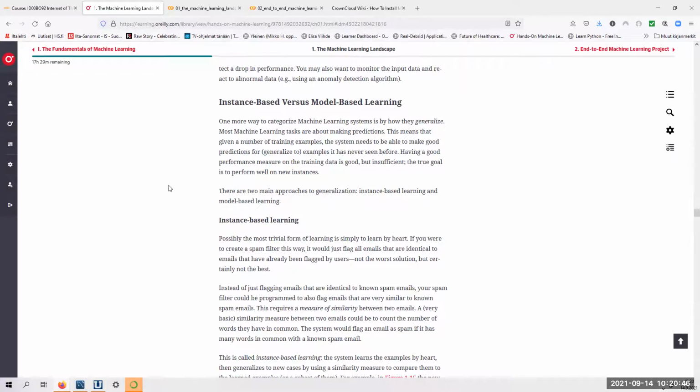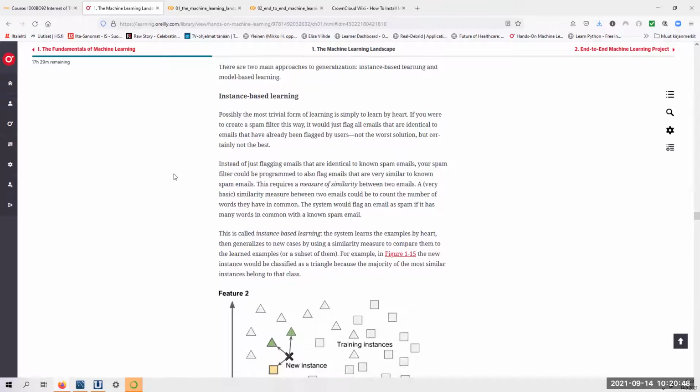Instance-based learning means that you have some example data from which you draw conclusions, like the email spam system. It's easy to see such emails that contain some phrases, where you can measure the similarity between different mails.